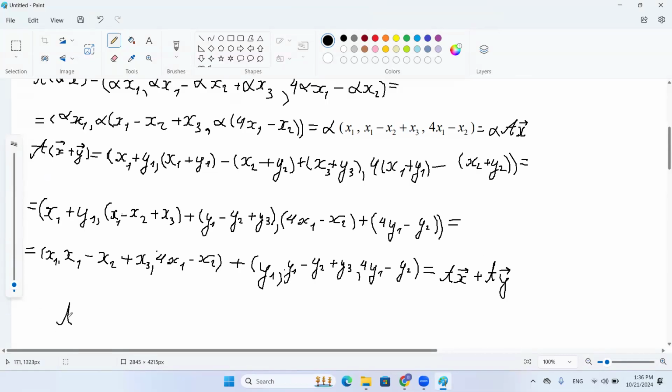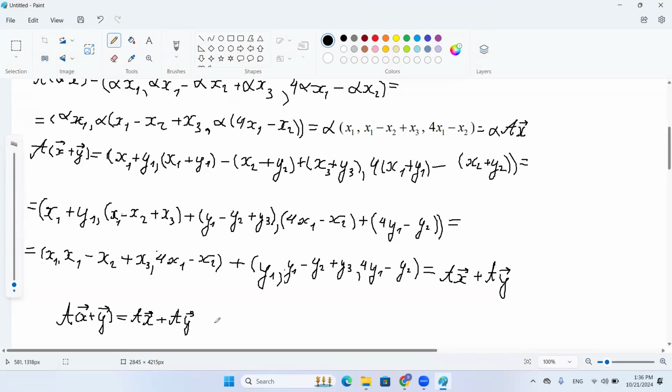So A applied on the sum of these elements equals the sum of operators applied to these elements separately. So what does it mean, is the operator A linear or not? It's linear.